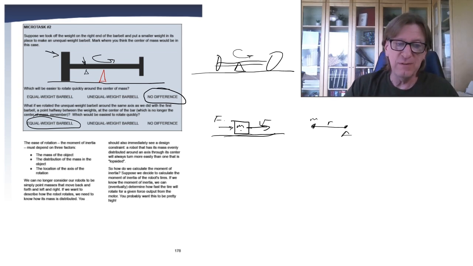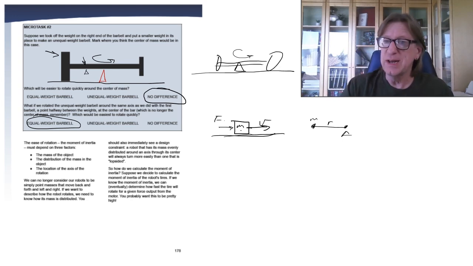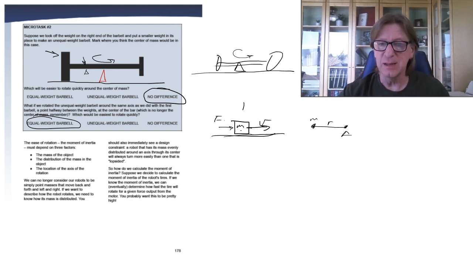So there are three factors that are going to determine how easy it is for it to rotate. And remember, that's the same analogy that we have here. The only thing that determined how easy it was for me to push it was its inertia, which was its mass. In this case, there are three things that are going to determine how easy it is for me to get it to rotate. First is going to be the mass of the object.